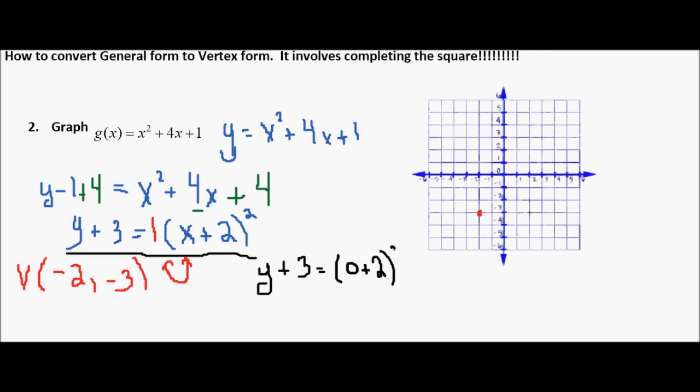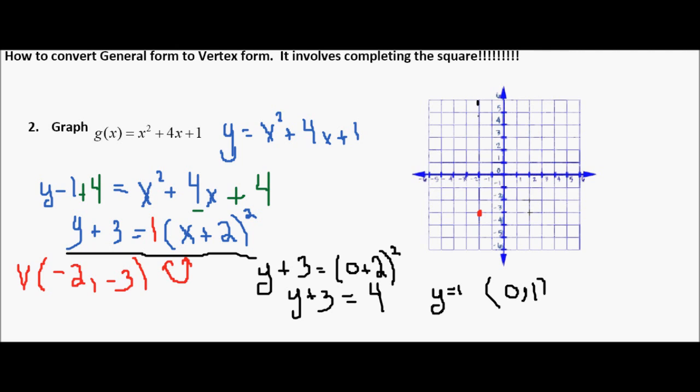So that's y plus 3 equals 4. So y equals 1, which means when x was 0, y is 1.